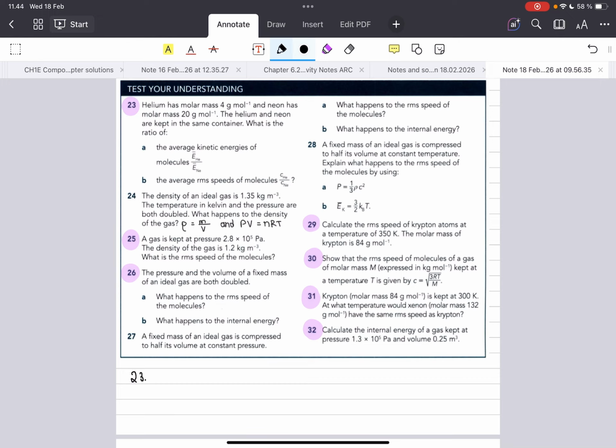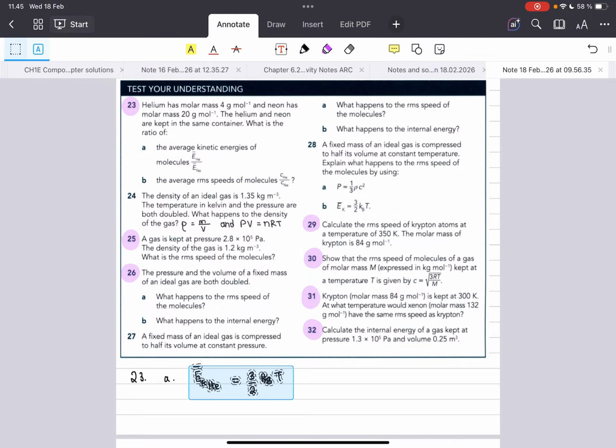The helium and neon are kept in the same container, and you have to find the ratio of the kinetic energies. Well, for A, if you want the kinetic energy, let's just write it as EK, of helium, that is equal to 3/2 kBT.